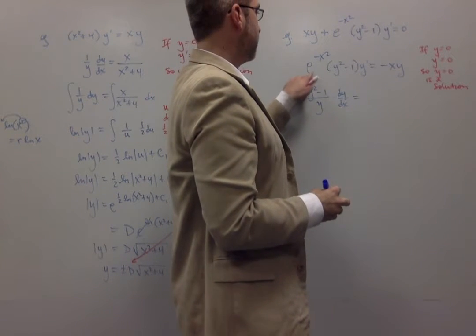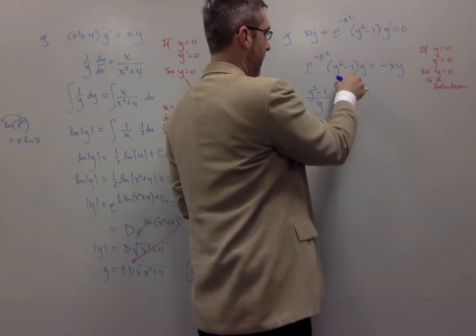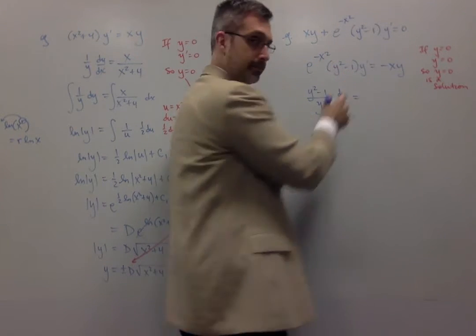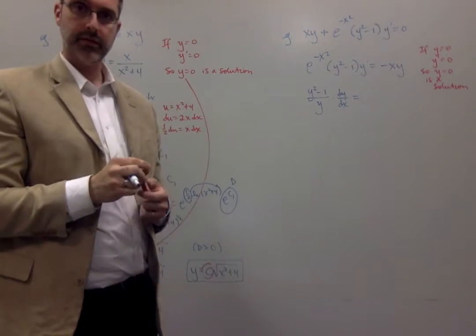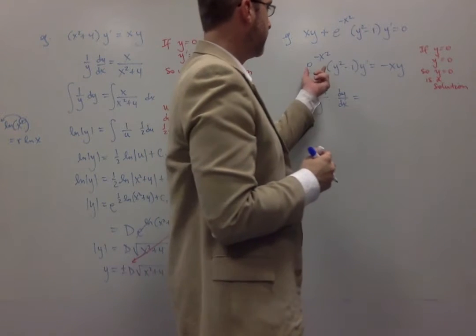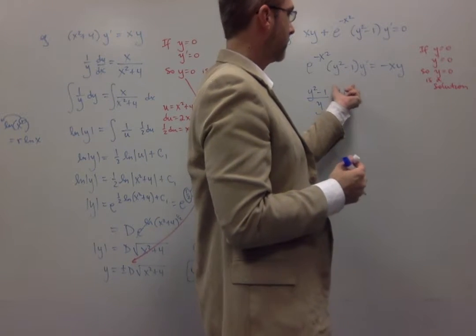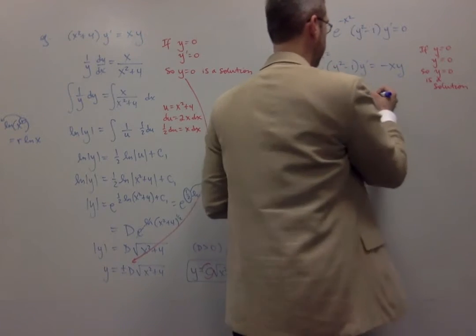And e to the minus x squared actually means it's e to the x squared on the bottom, right? Remember, negative exponents mean the thing actually belongs on the bottom. So e to the minus x squared means it's really e to the x squared on the bottom. So I'm going to move it up here.